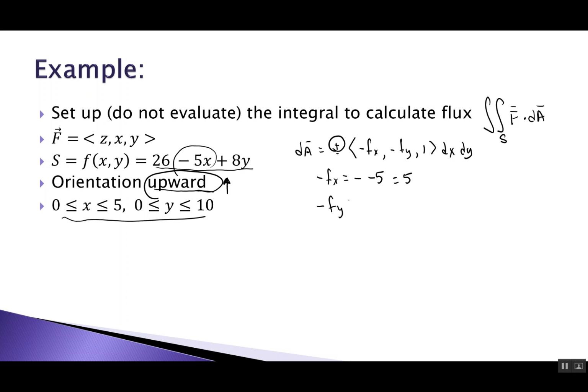My negative fy is negative 8, getting those from my surface. 1 is just 1, so now I know my dA. This does not always come out to be constants. Because this is a plane, these are constants, but you may have variables here. Don't freak out if you do. 5, negative 8, 1 dx dy. My F is zxy, so now I can set this puppy up.